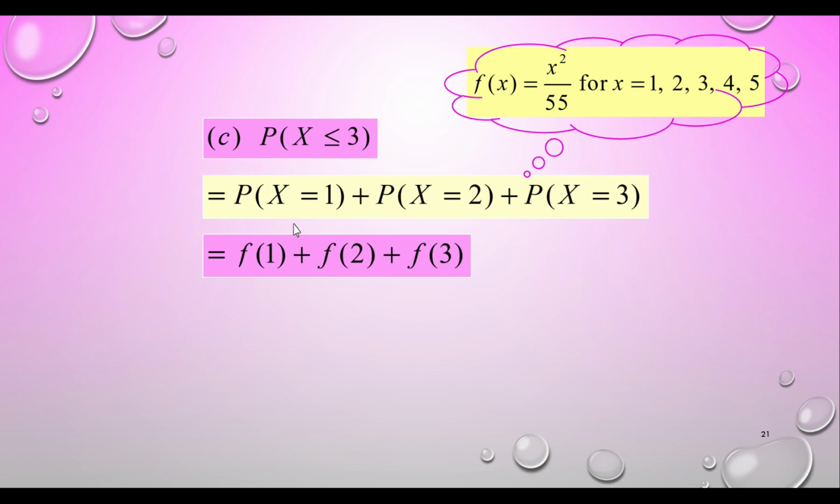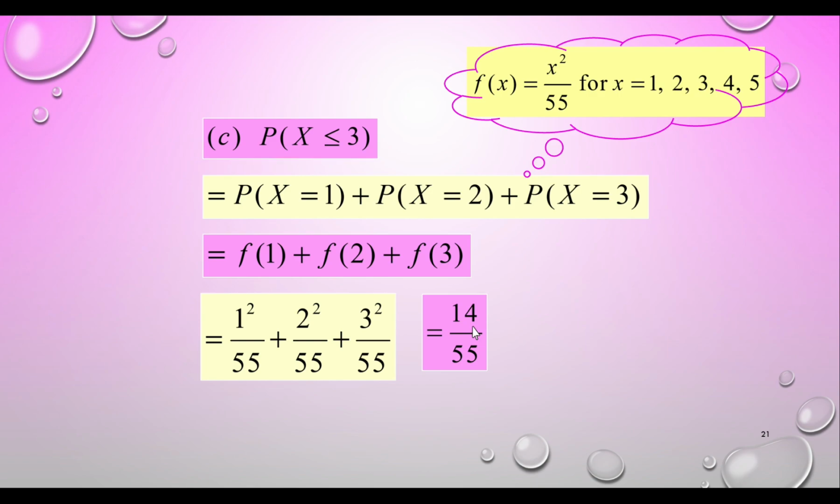So, P(X equal 1) is f(1), P(X equal 2) is f(2), P(X equal 3) is f(3). We just substitute x equal 1, x equal 2, x equal 3 into the given function. So, the answer is 14 over 55.